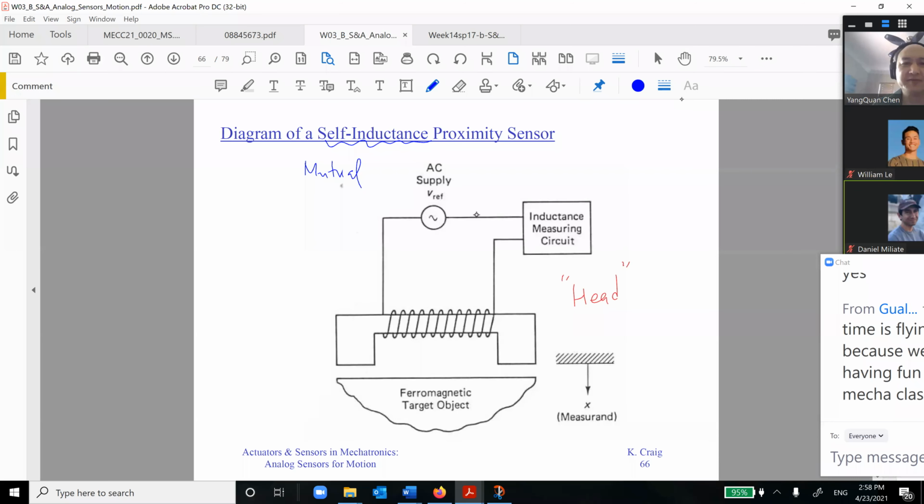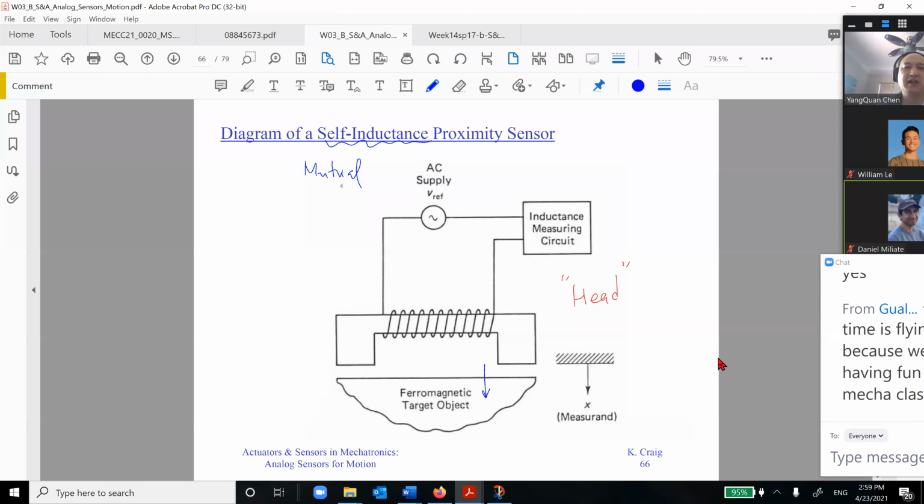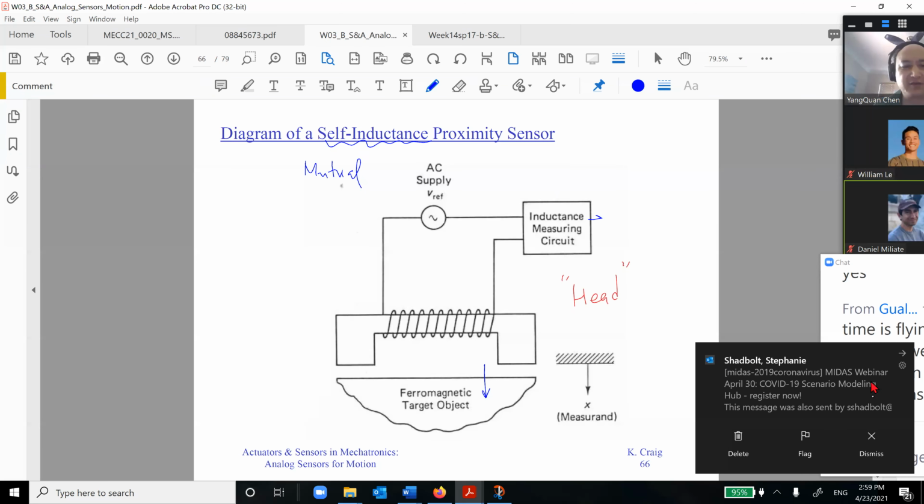You have a power supply to this one, and then inductance measurement circuits to measure the inductance change. This is a ferromagnetic target movement. If you change the target, then the voltage you get here is also changing. So this is called a self-inductance proximity sensor.